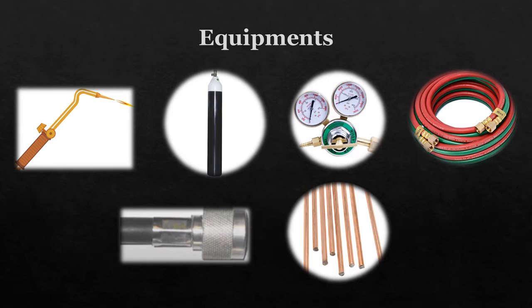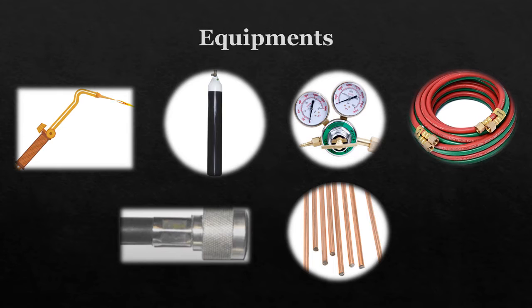Then, the next, gas hoses. The hoses used to make the connection between the torch and the regulator must be strong, non-porous, light, and flexible enough to make torch movement easy. Then, the next is the metal clamp.